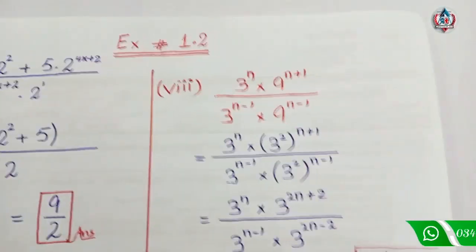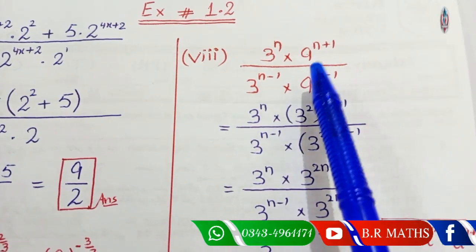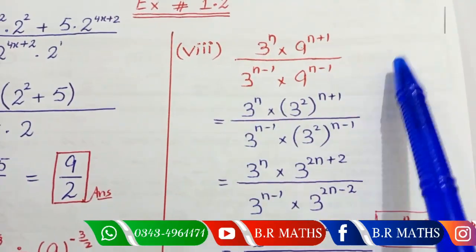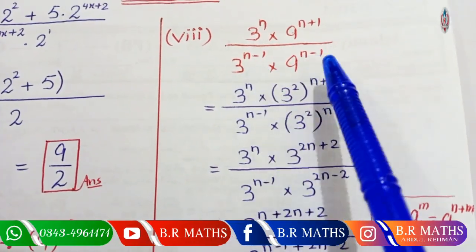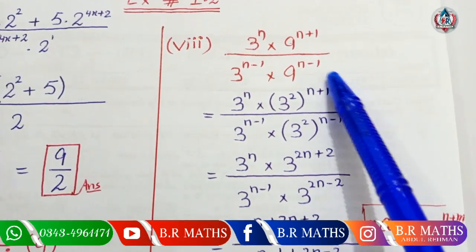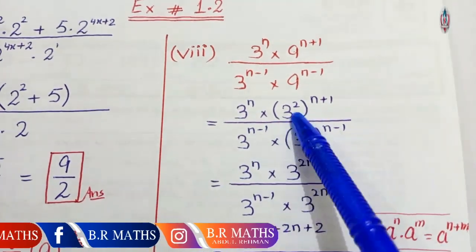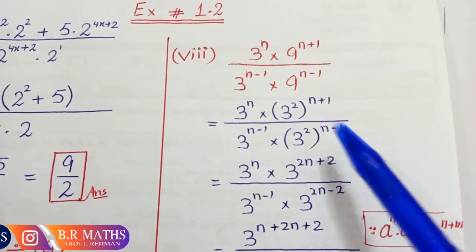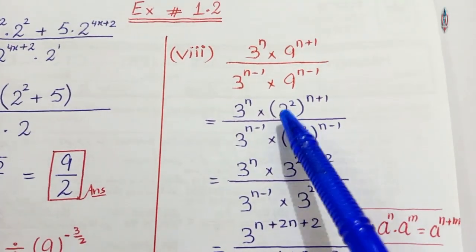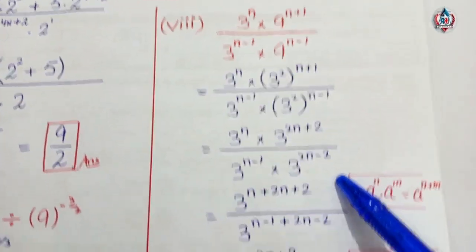So student, next, the eighth part is 3 raised to power n, 9 raised to power n plus 1, and in the denominator 3 raised to power n minus 1, 9 raised to power n minus 1. Same, students, firstly apply the factor rules, 9 becomes 3 squared and open the brackets: 3 raised to power 2n plus 2 and 3 raised to power 2n minus 2.